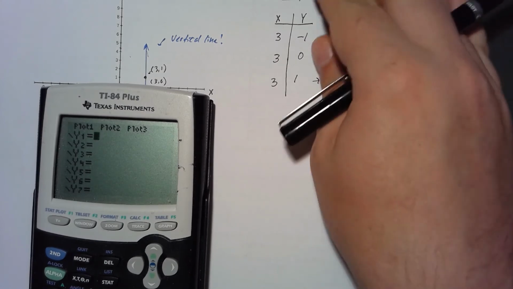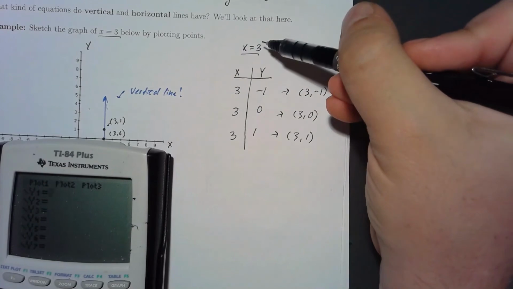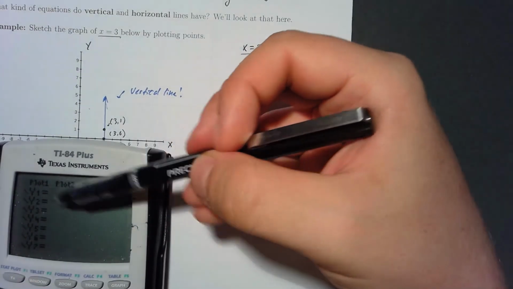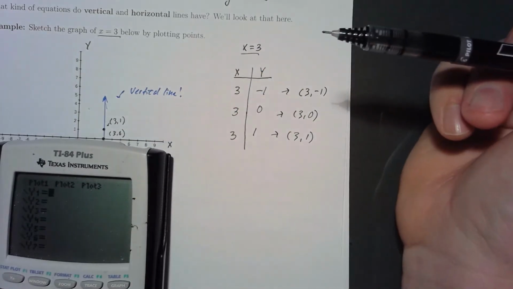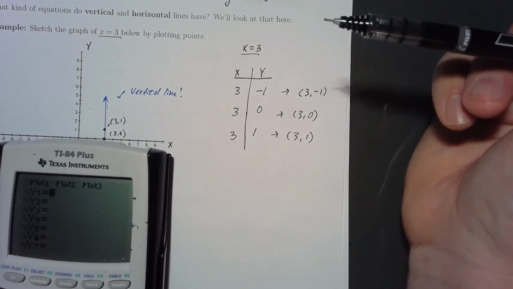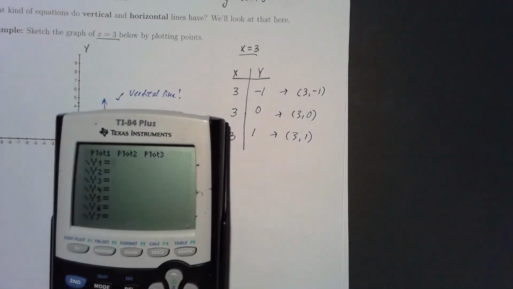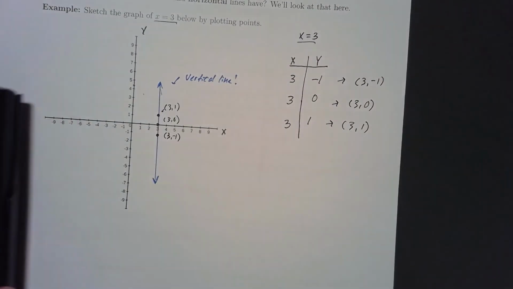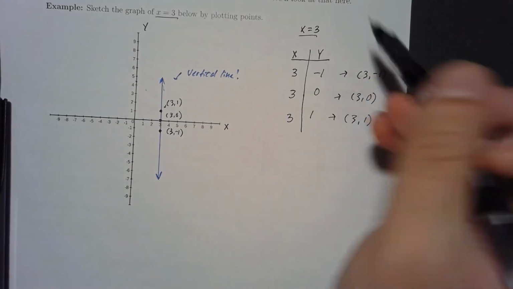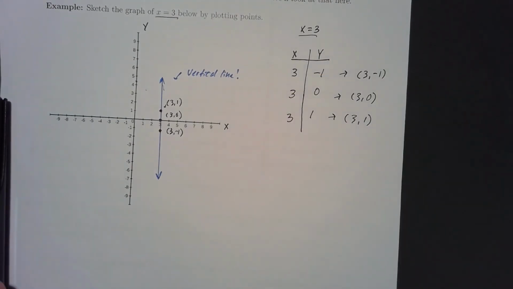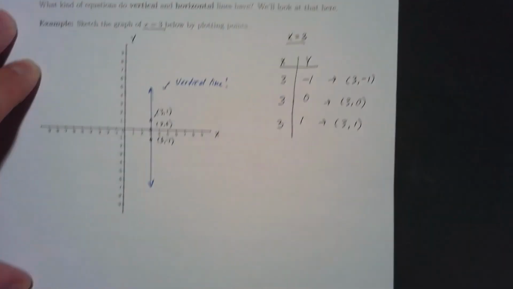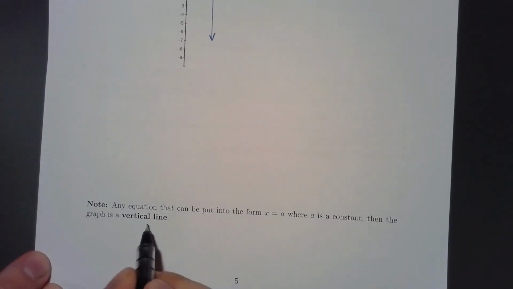How do I plot this if x is equal to 3? y equals mx plus b. Well, what does that mean? It means I can't solve for y because I don't have a y. This is a vertical line, so I cannot put this equation into slope-intercept form. But it is still a line.